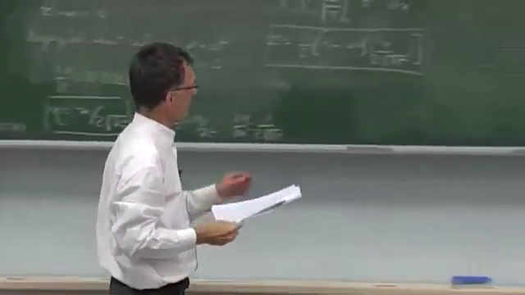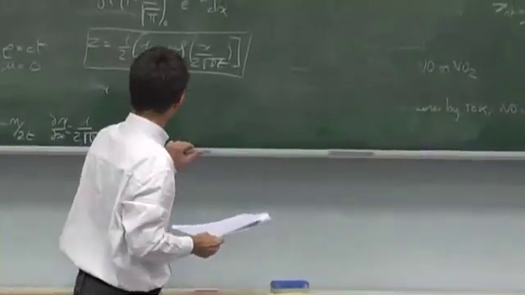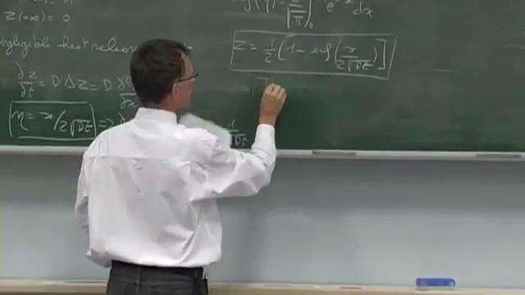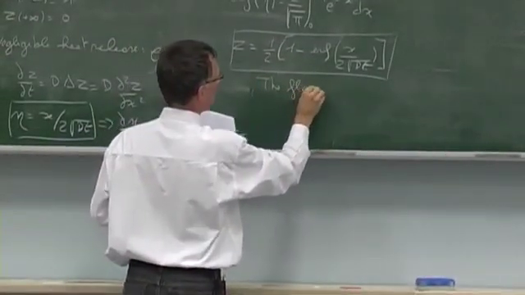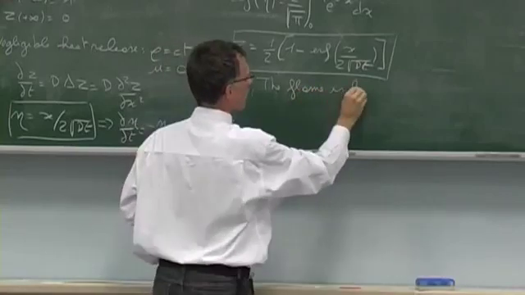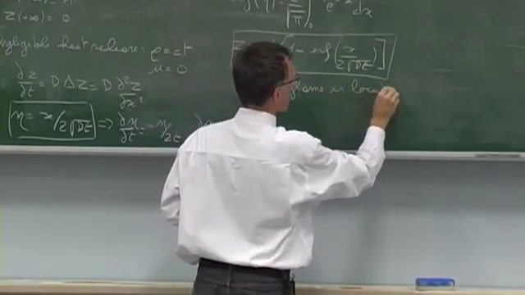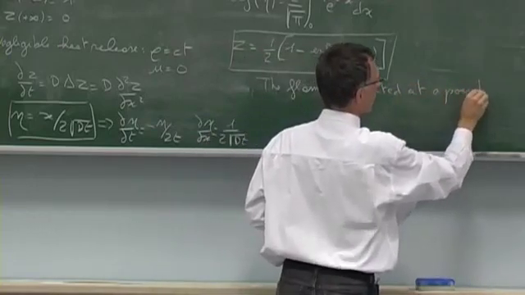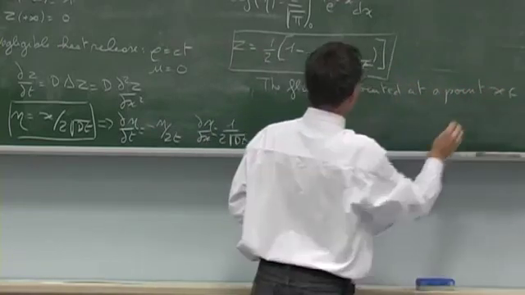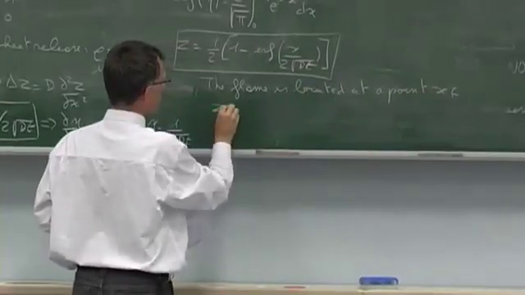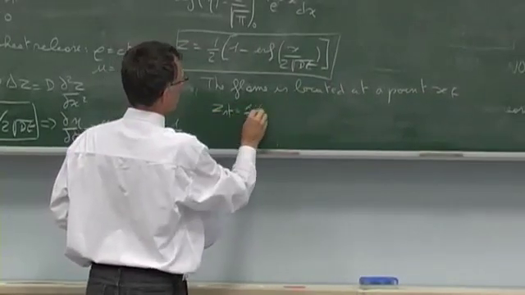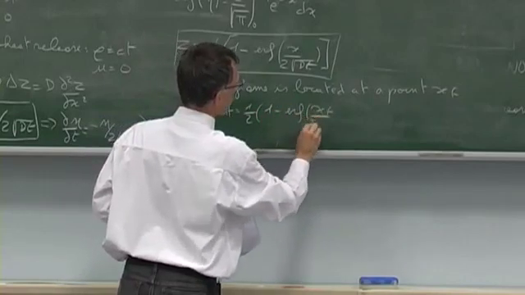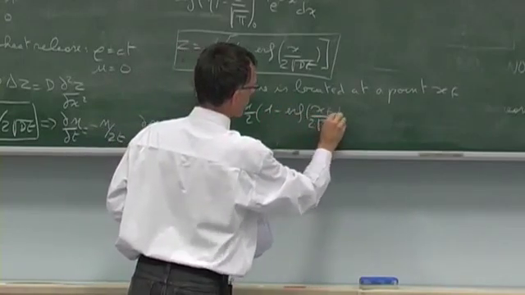Let me first mention something here. The flame in this example is located at a point xf, which is such that Z stoichiometric equals 1/2 of 1 minus f of xf over 2 square root of Dt.